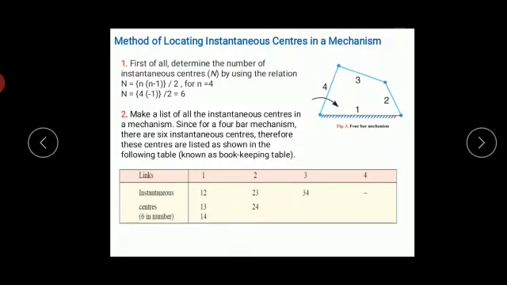Instantaneous center I12 is equal to I21, so there is no need of writing repeated instantaneous centers. Similarly I13 is I31, I14 is I41, I23 is I32. So the total number of instantaneous centers grouped here is 6.